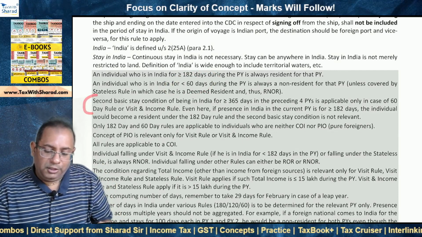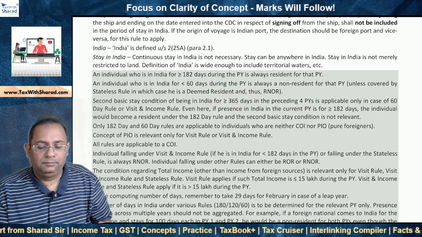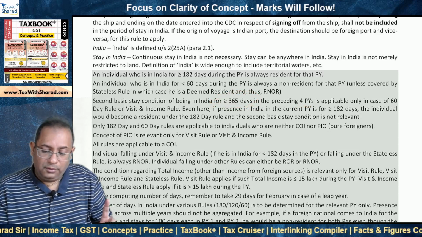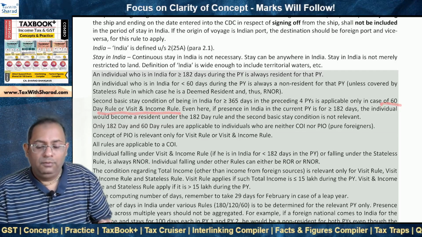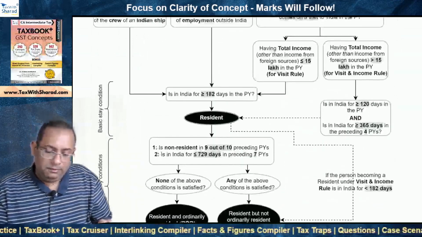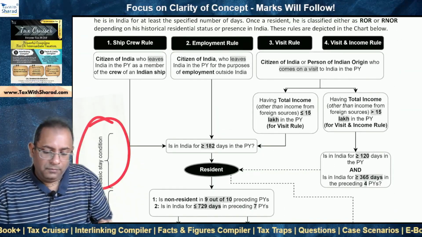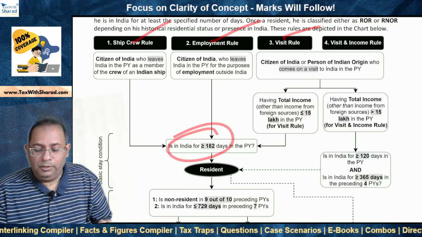Second basic stay condition of being in India for 365 days in the preceding 4 years. Okay, this is applicable only in case of the 60-day rule or visit and income rule. You see, basic stay condition. For ship crew rule, employment rule, visit rule, it is only 182 days or more.